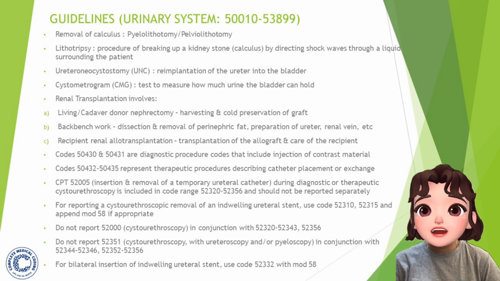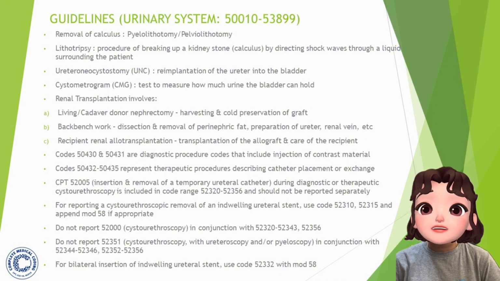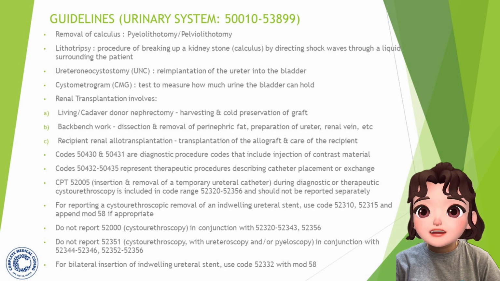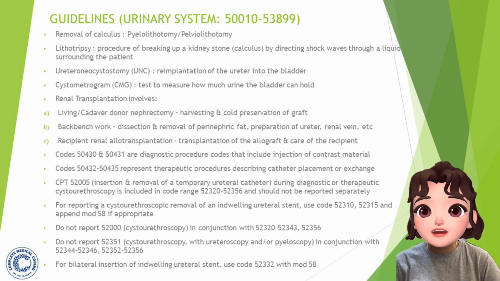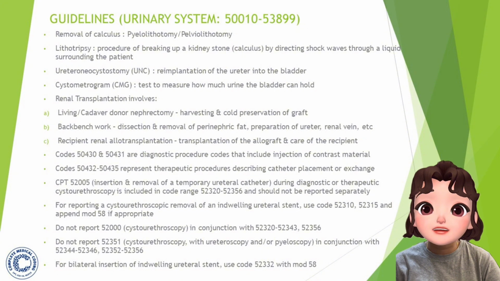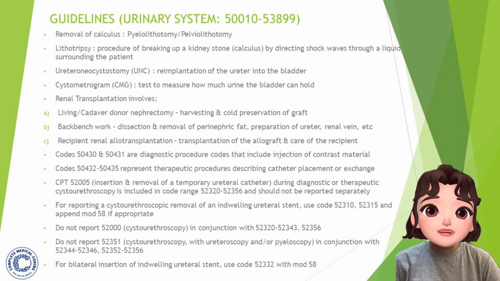So if you come across any procedure code in the range 52320 to 52356, and the question includes temporary ureteral catheter placement, we don't have to code CPT 52005 separately. It's already included in that code range. You will be learning more when we do the practice questions.